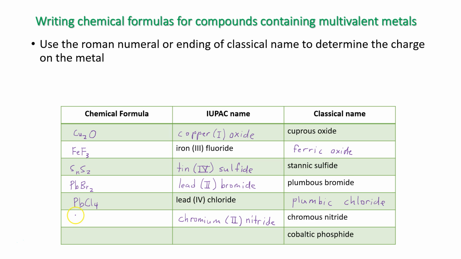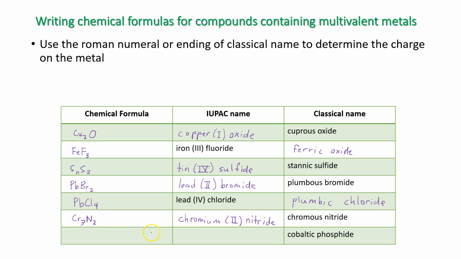So we would have Cr, and crossing over the charges, we would have a 3 here and for nitrogen a 2. So Cr3N2.